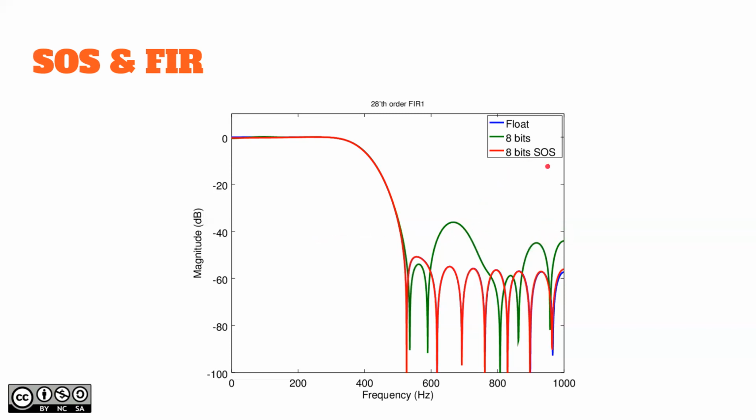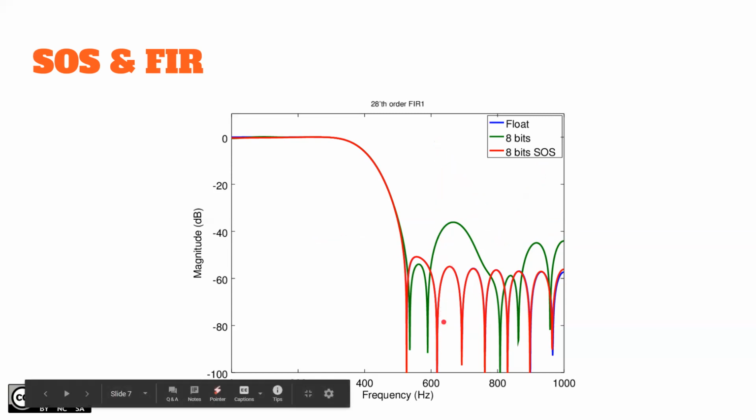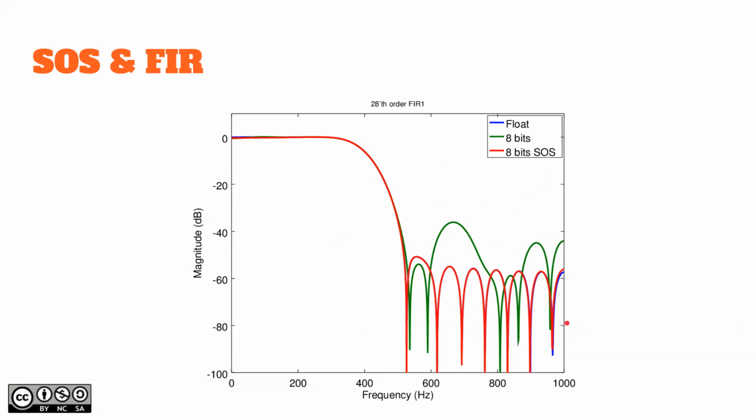So in practice, with FIR filters, if you need lots of stop band attenuation and want to use the direct form, then you basically need enough bits to store the filter coefficients.